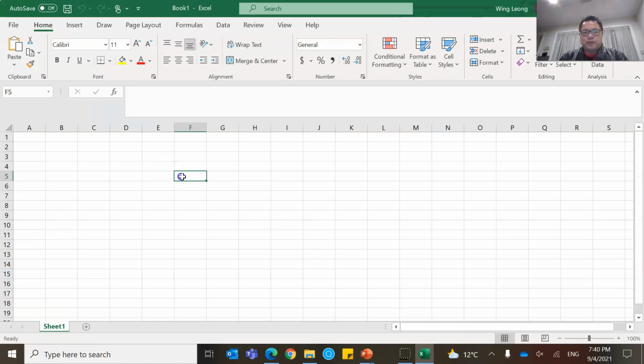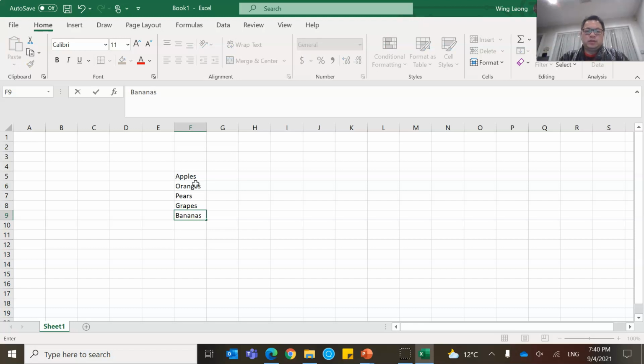So you should have something like this. Okay, you should have done something like this. So first you write down all the fruits: apples, oranges, pears, grapes, and bananas. Okay, so the values were 30, 90, 15, 15, and 30.